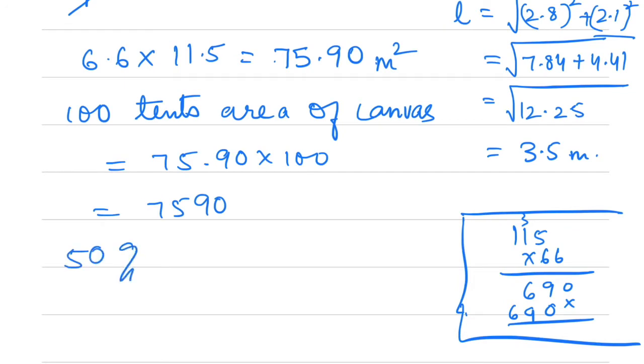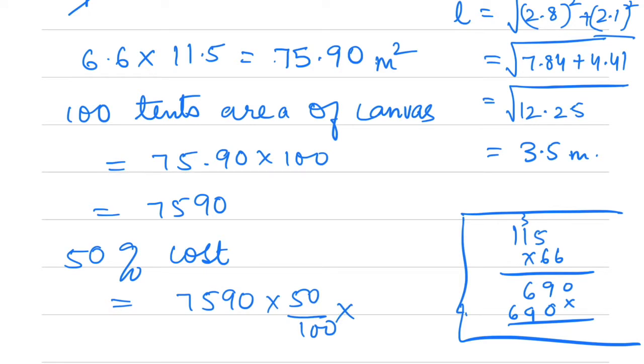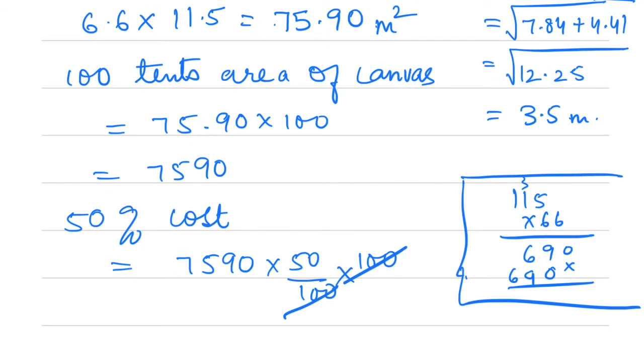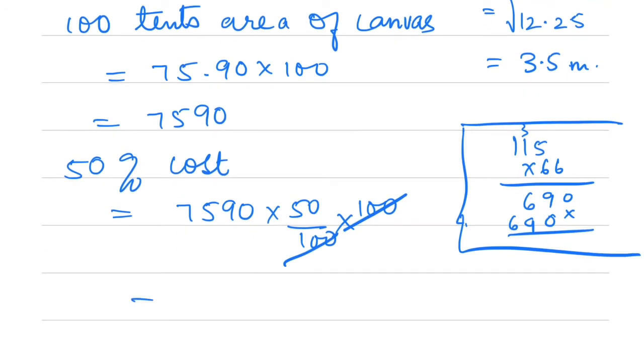So 50% cost will be equal to 7590 square meters, and 50% will be 50 by 100. Cost is rupees 100 per meter square. This gets cancelled by this. So we have 2 zeros, so this much will be the cost.